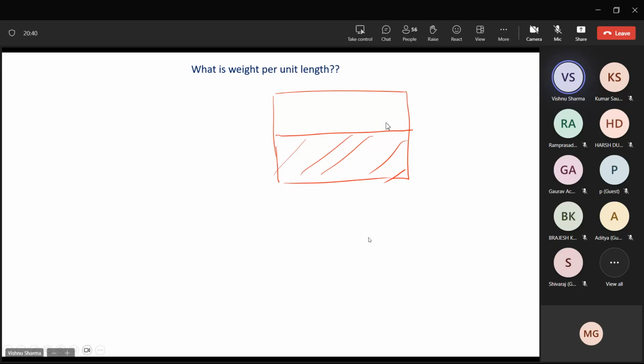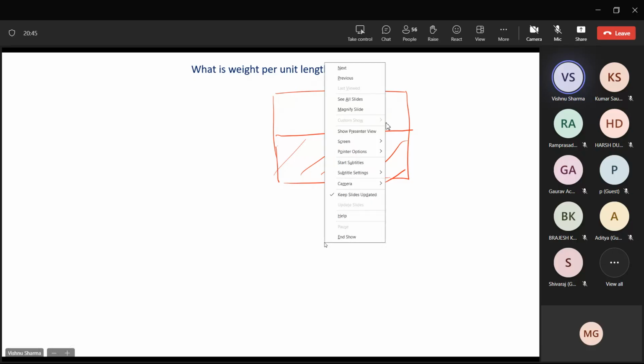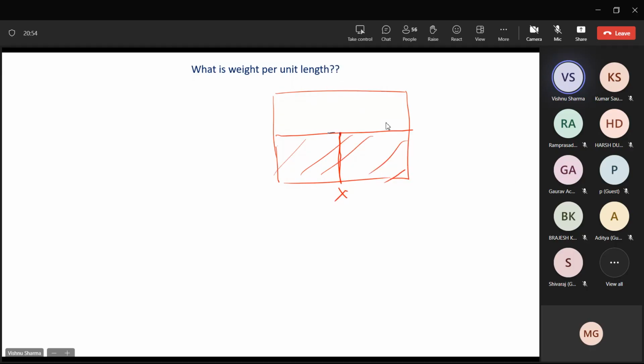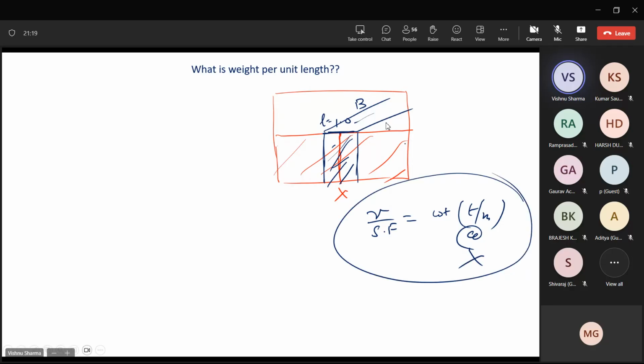If I'm interested in the weight of the cargo per unit length at X, whatever is the height of the cargo at X, if the same height continues over a length of 1 meter, this length is 1 meter, this is the breadth of the hold. Whatever is the volume contained in this volume divided by stowage factor will be the weight in tons per meter at X. Have you understood what I'm trying to say, beta? Yes or no?